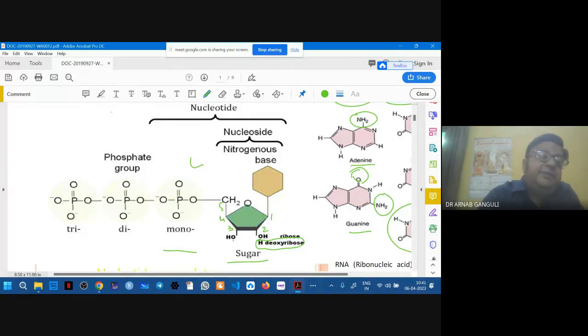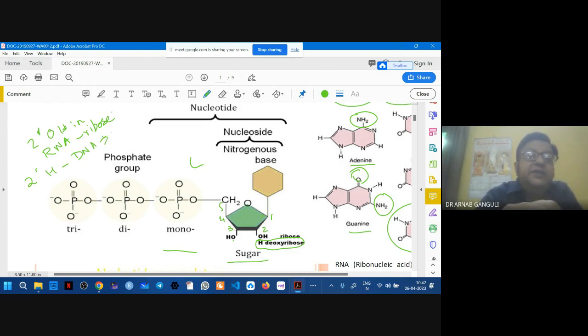The 2 prime OH in RNA is ribose, and the 2 prime H in DNA becomes deoxyribose.